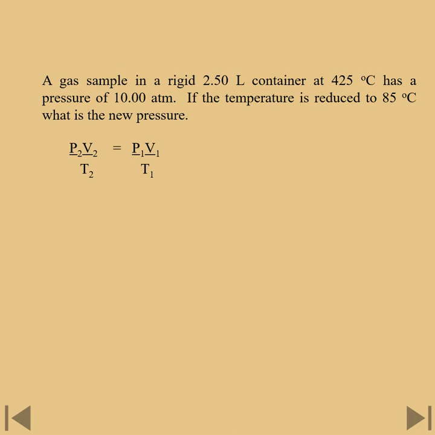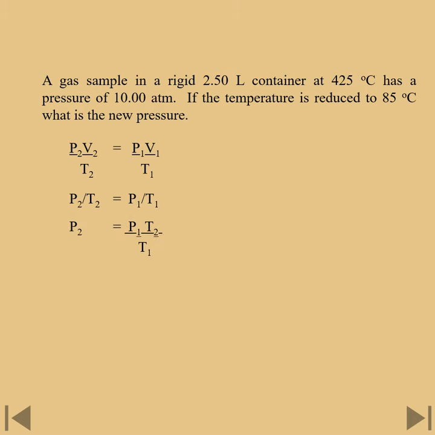No, not this time. And we're after the new pressure. So we get P2 by itself by dividing out V2 over T2, which of course means we're multiplying by the inverse. Oh, we weren't given a new volume, so that actually did cancel. And that gives us Gay-Lussac's law.